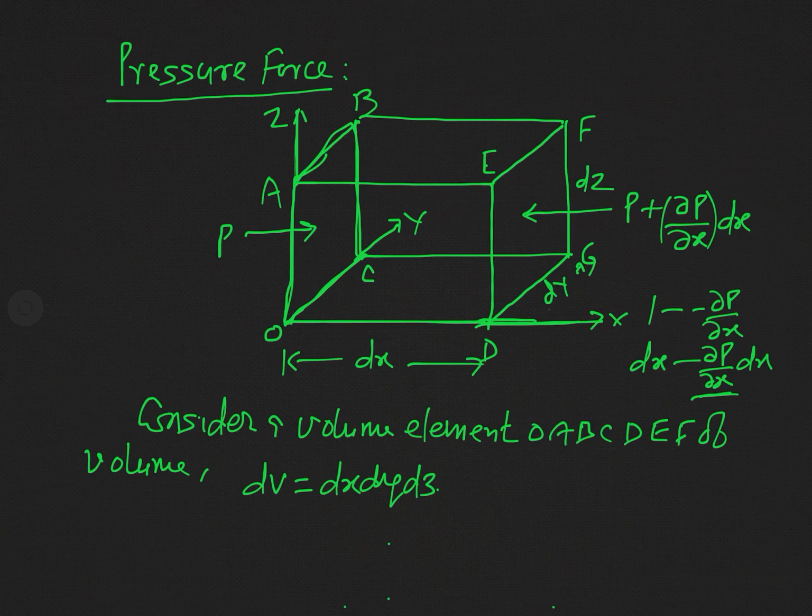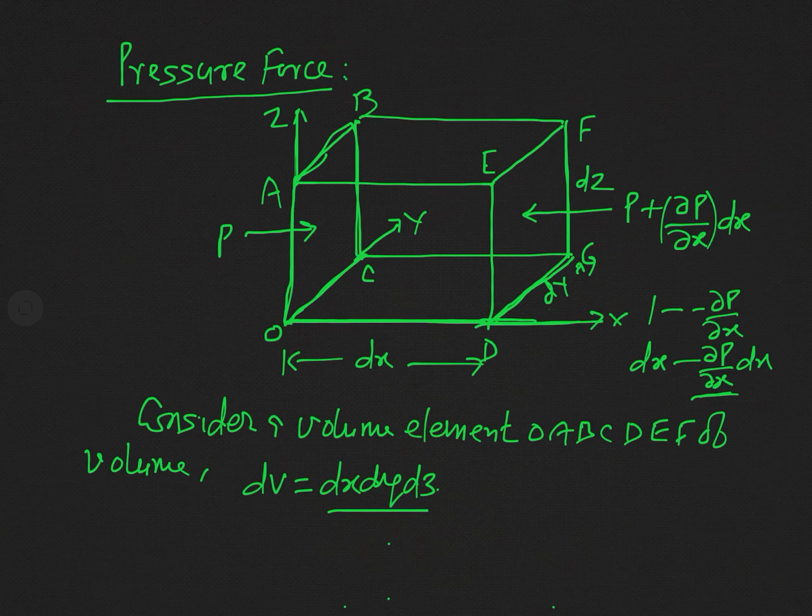See here, the length of this parallelepiped in x direction I have assumed to be dx, in y direction it is dy, and in z direction it is dz. So the volume of this volume element will be simply dx into dy into dz in Cartesian coordinates.